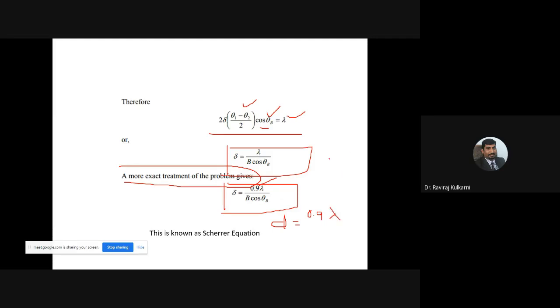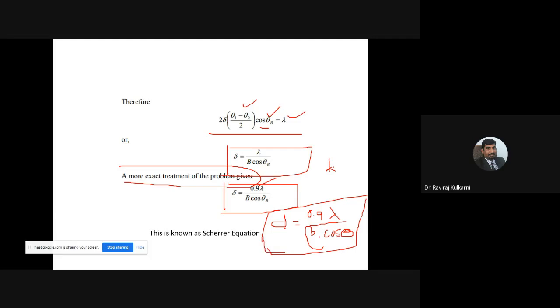We call this 0.9 as K, and K may have values from 0.9 to 0.95. This is the equation we use to calculate the size of the crystallite.